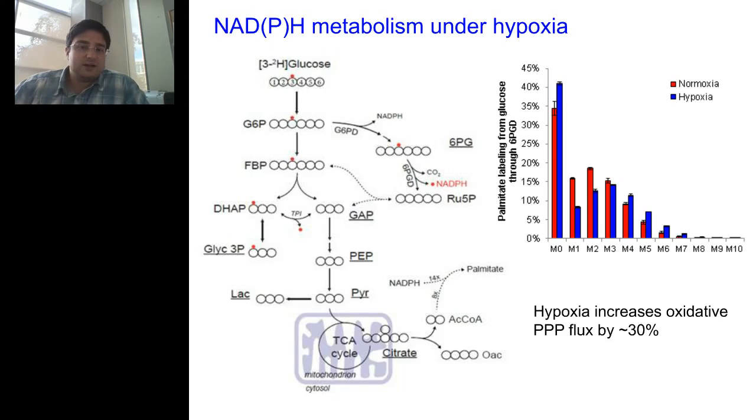Hypoxic cells exhibit increased contribution of the pentose phosphate pathway to lipogenic NADPH, and this is indicated by the hypoxic cells having a shift in the labeling of newly synthesized fatty acids. This rightward shift indicates that hypoxic cells increase their reliance on PPP flux for producing NADPH.